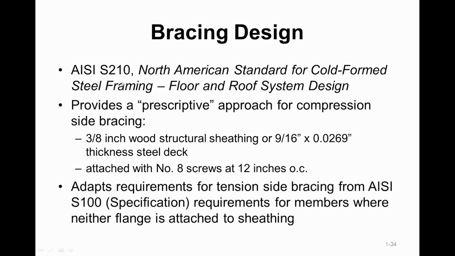Criteria for bracing. AISI S210. Now we're dealing with floor and roof system design. There is what I like to call a prescriptive approach for the bracing of the compression flange, which we said was going to be sheathing.